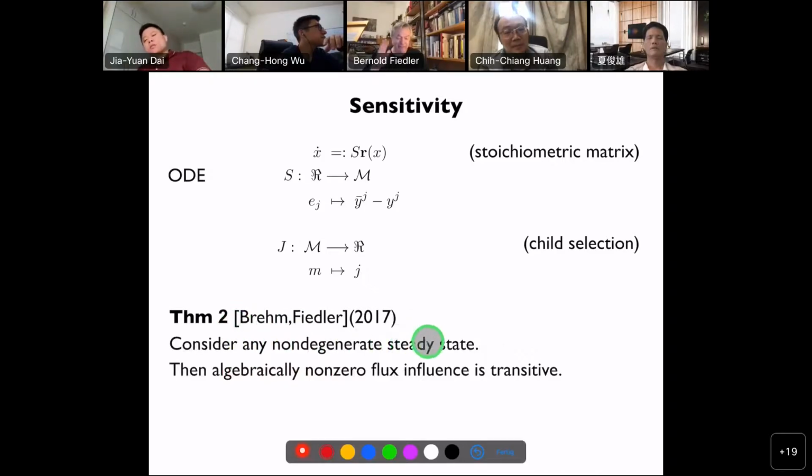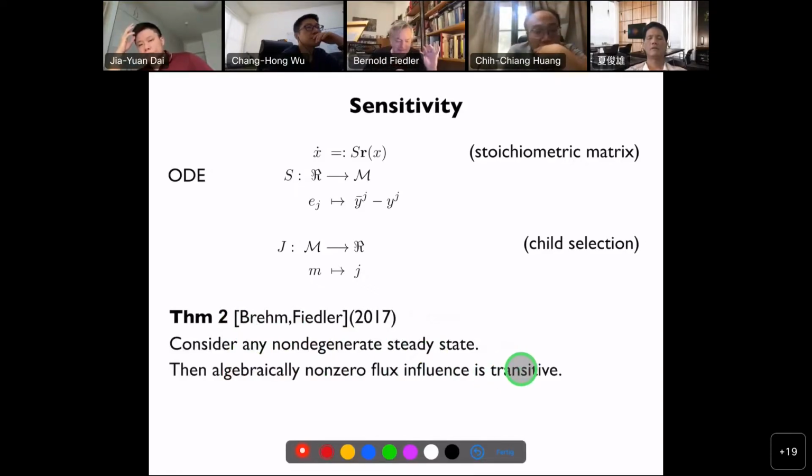Consider any non-degenerate steady state in the algebraically non-degenerate way that we studied. Then, algebraically speaking, so as polynomials, non-zero flux influence is transitive.